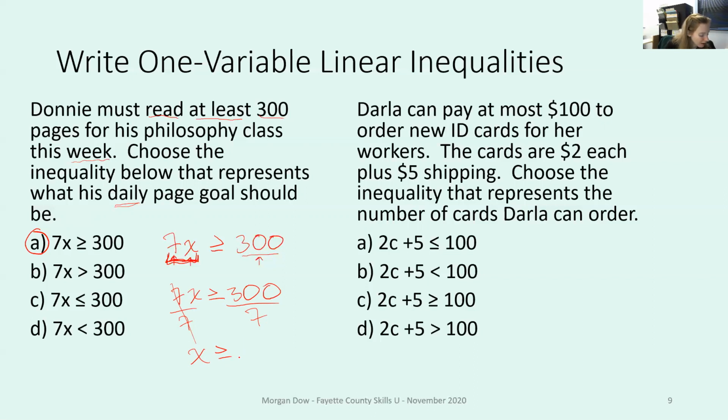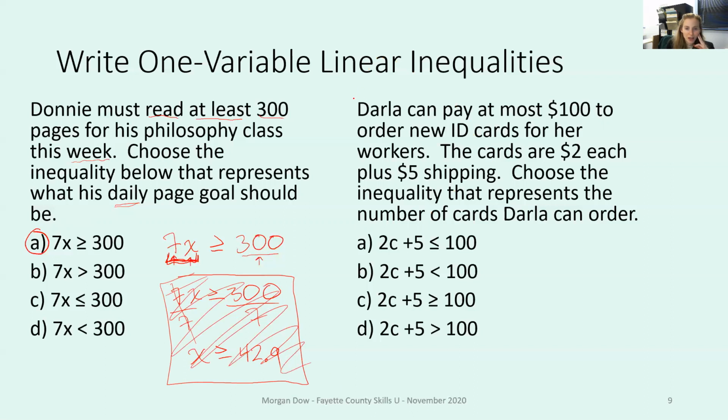I'm going to round that off to 42.9 pages per day, let's say. So basically, if you read 43 pages a day, you will meet your goal. All right, but this was just extra here. We're going to talk more about solving inequalities in a few minutes.